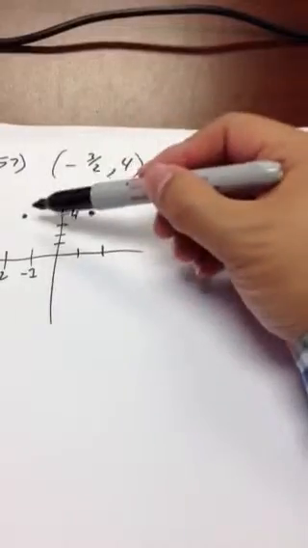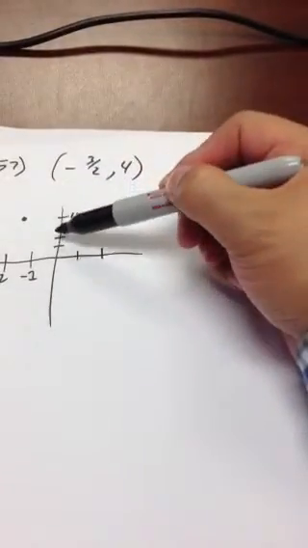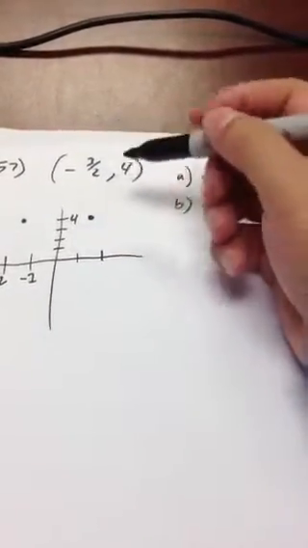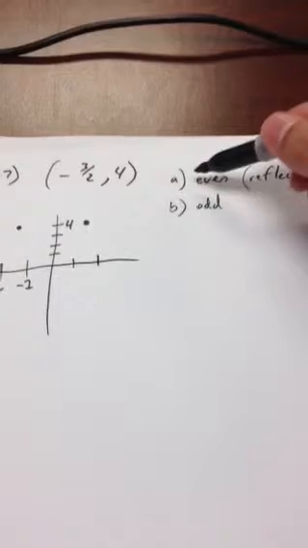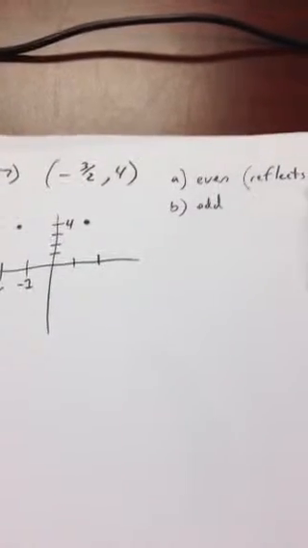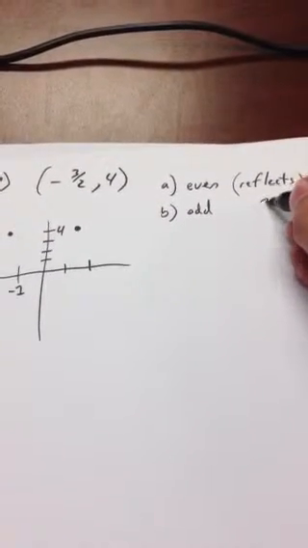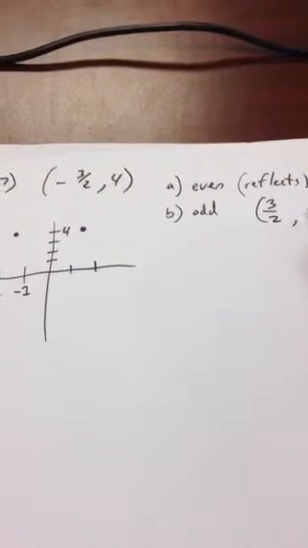That's where that point would reflect if the y-axis was the line of symmetry. So if my graph is even, then this point would reflect at 3/2, 4. That would be the coordinate.